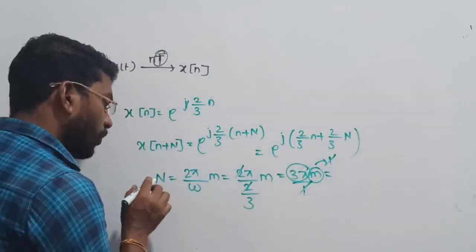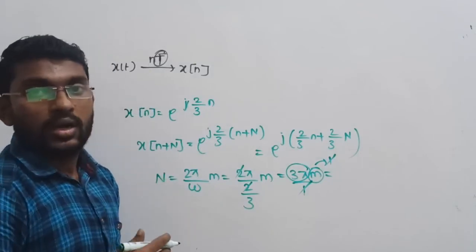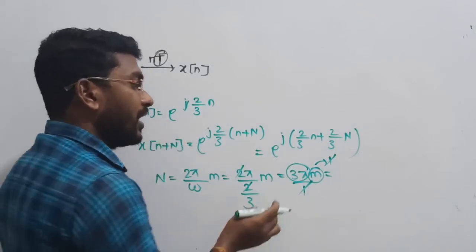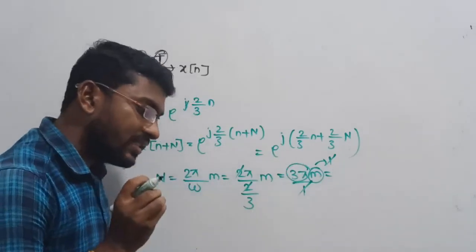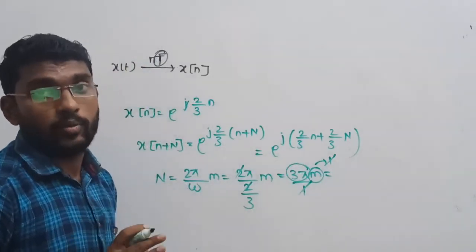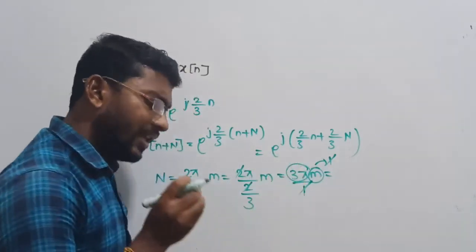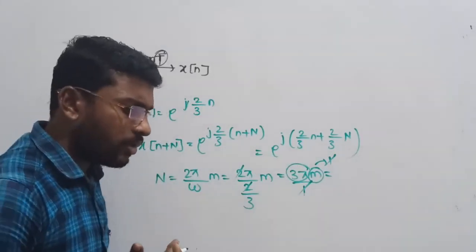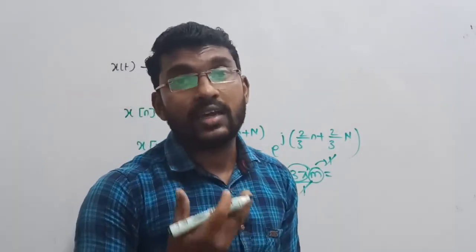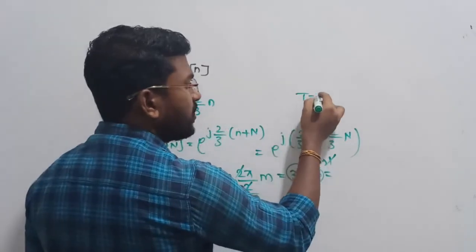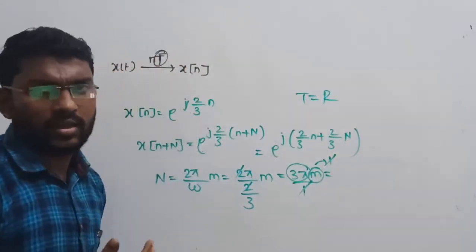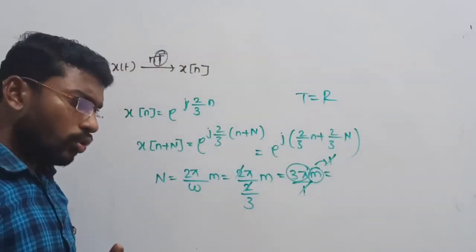Is it a proper time period for the discrete domain? In the continuous time domain, if such a value comes, yes it is acceptable, because in the continuous time domain my condition is that time is a real number. In the continuous time domain, t is simply a real number. It can be anything: pi, 1 by root 2, root 2, 1 by root 3.